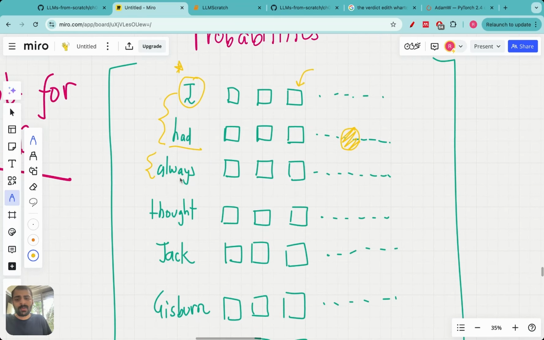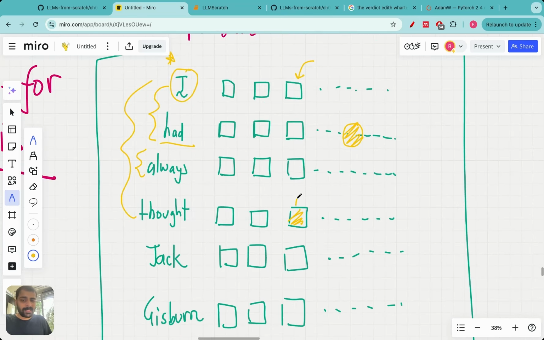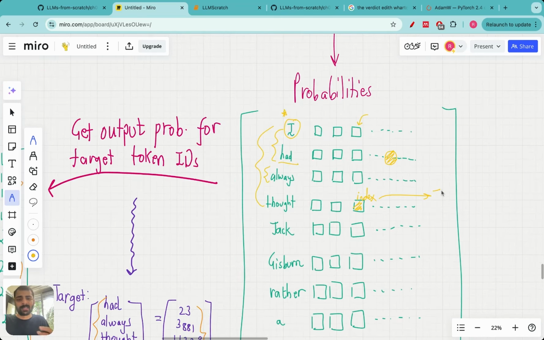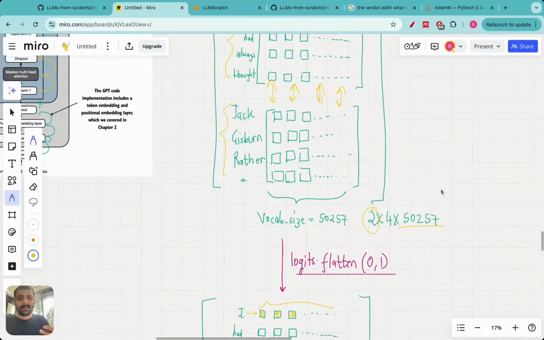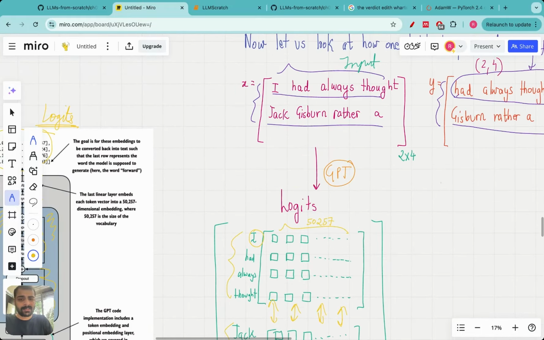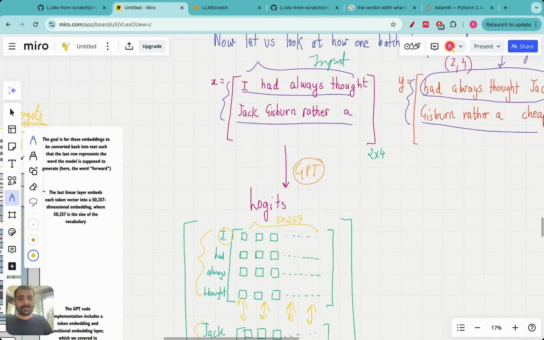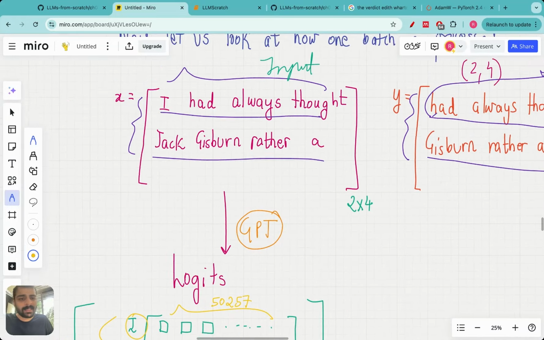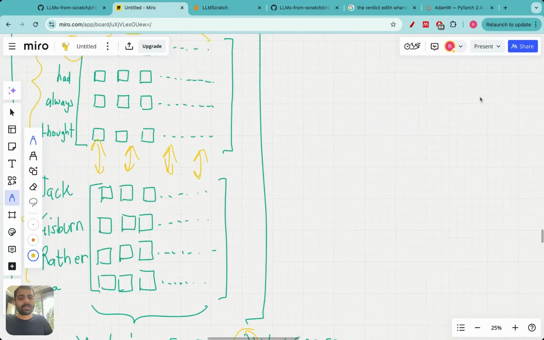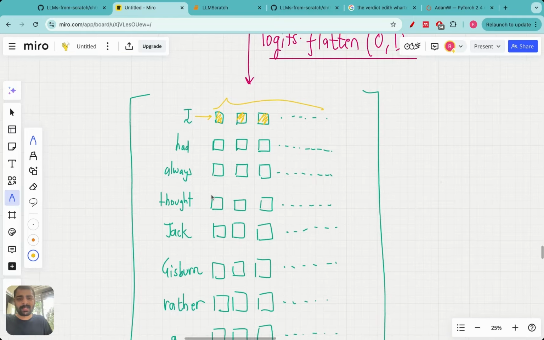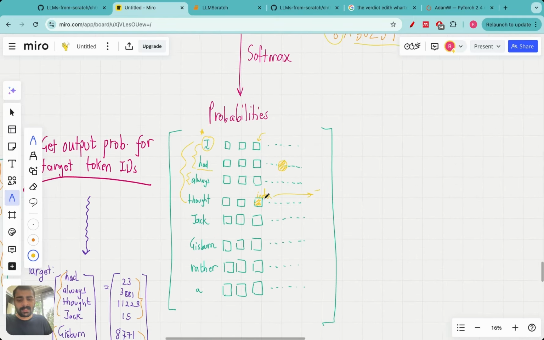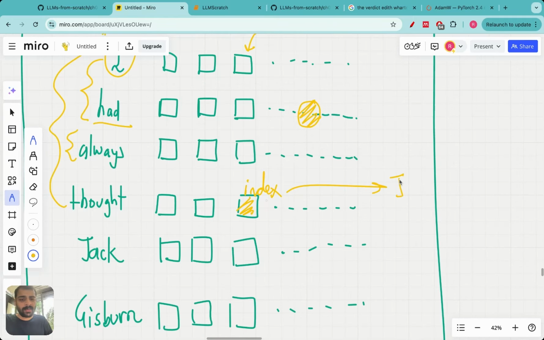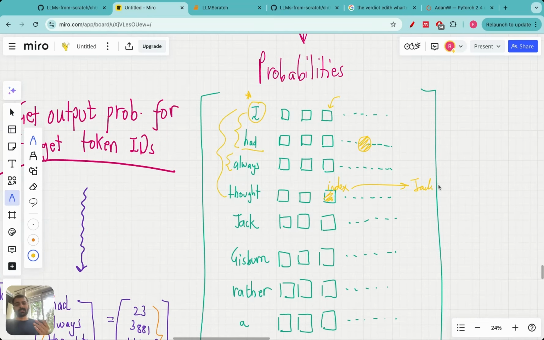Similarly, when "I had always thought" is the input, the index which corresponds to the maximum probability should correspond to the next word, which is "Jack". So here, the token ID which corresponds to the maximum value should correspond to the token for "Jack" when the LLM is actually trained.